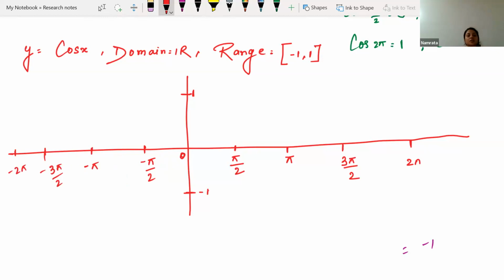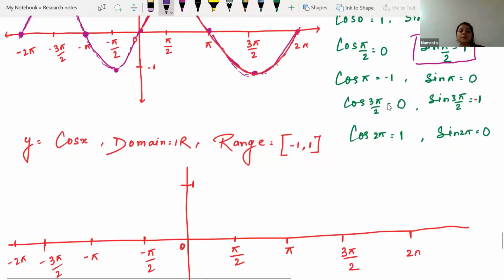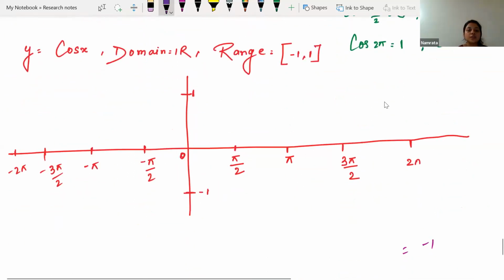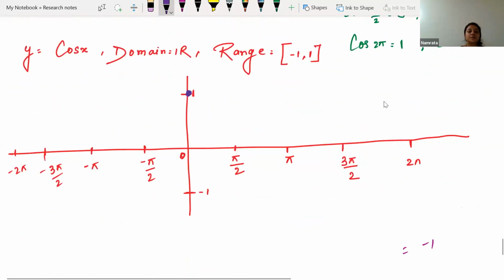Now let's plot the graph. Let me mark the locations by looking at our list. So what is the list? Cos 0 is 1. Cos pi by 2 is 0.